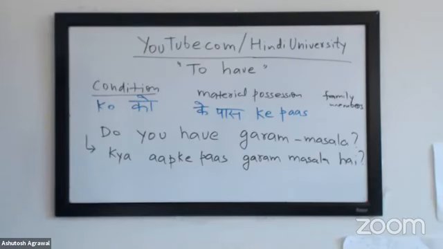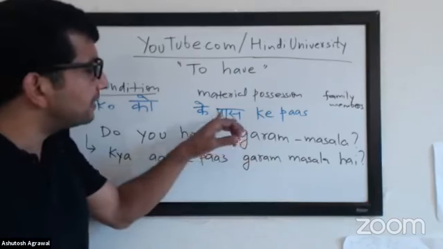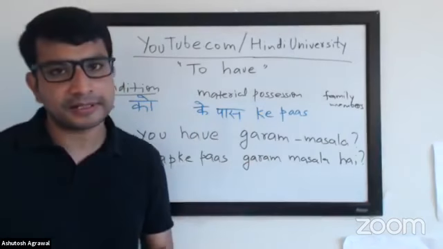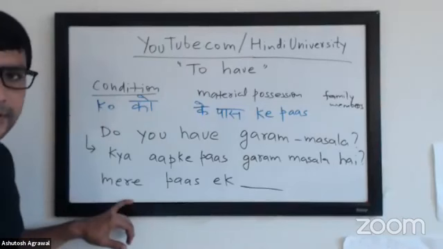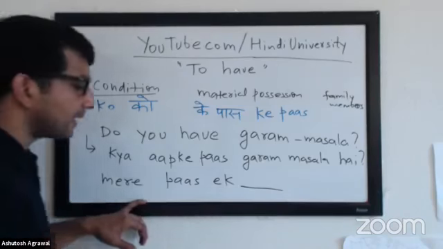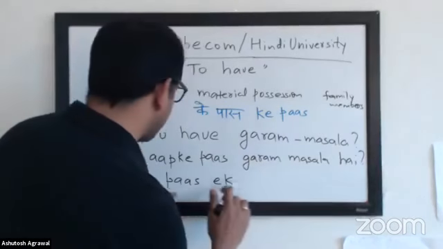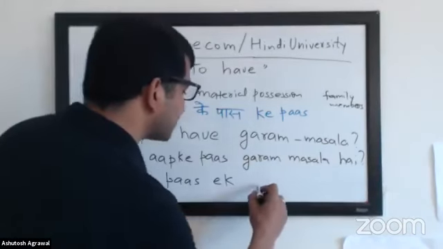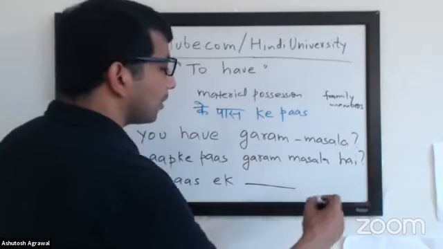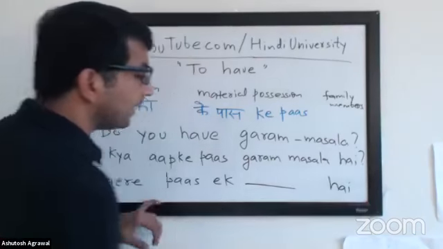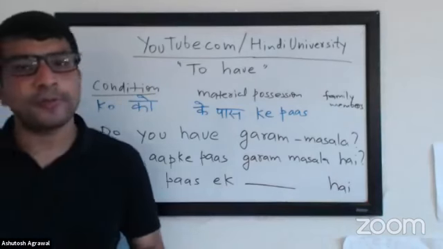Just like house, it can fit in this category as well as the third category. Either. You can say mere paas ek... But if I did hamara parivar with the hamare, would it be hamare? Yes, hamare. हमारे परिवार के पास एक जर्मन शेपर्ड है और golden retriever है, whichever pet you have.